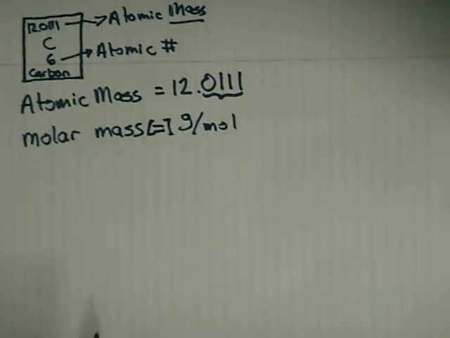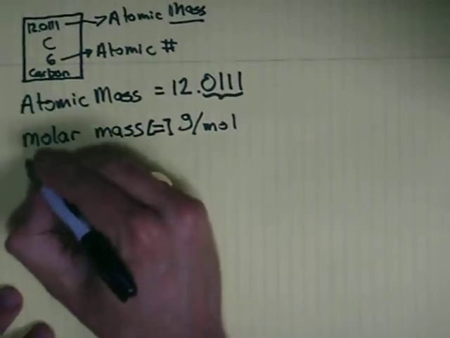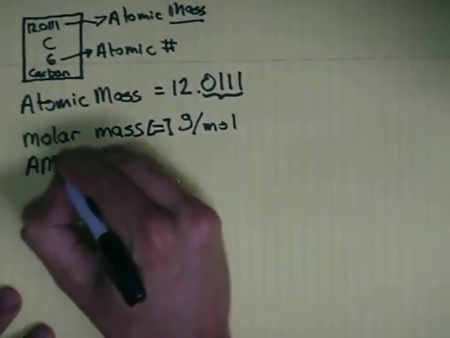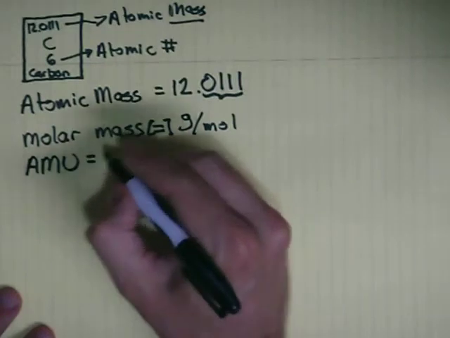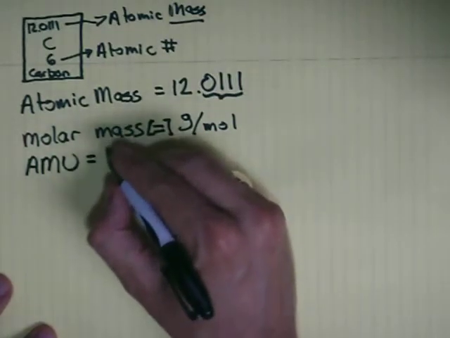But another type of unit that we see and that we talk about also is the AMU, the atomic mass unit.